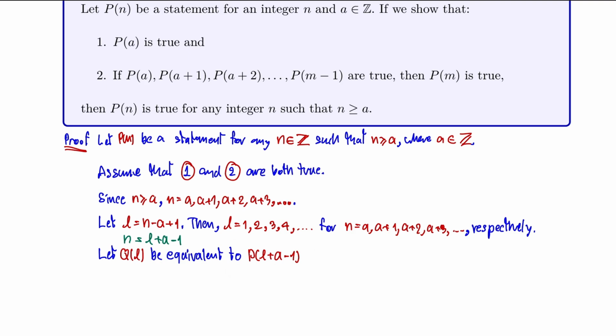Right now, this statement Q of L starts from 1, 2, 3 and all the way to m. So we're going to use the proof by the first principle of mathematical induction.